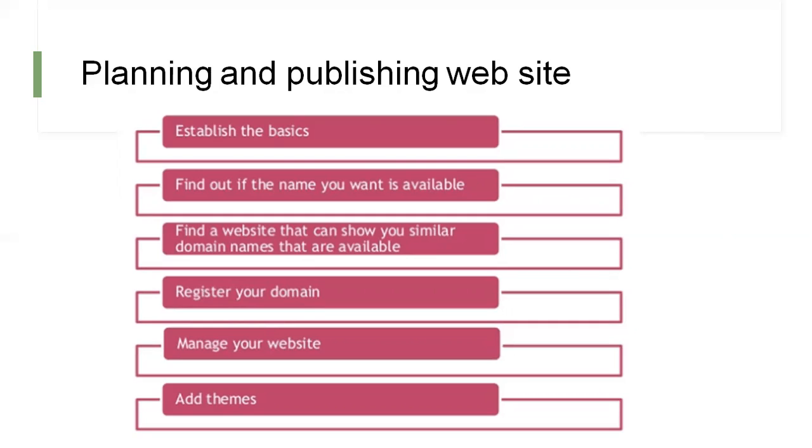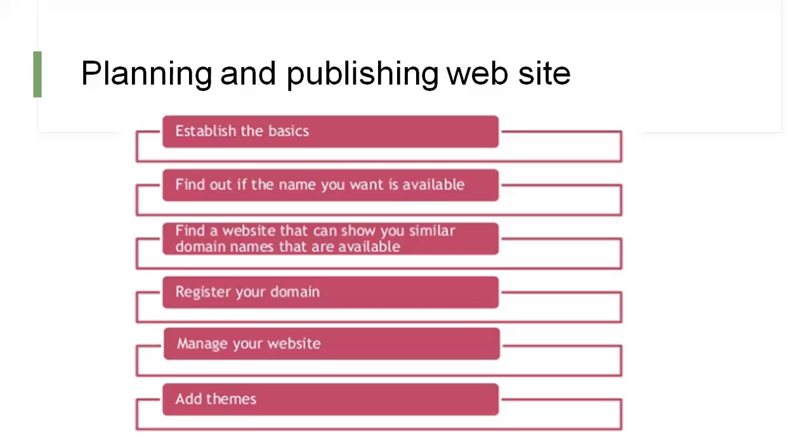Now, how can you register your domain name? We will discuss one by one. First, think of a name that justifies your business need. To find out the available name, you can enter a name at a commercial domain name registrar, such as GoDaddy.